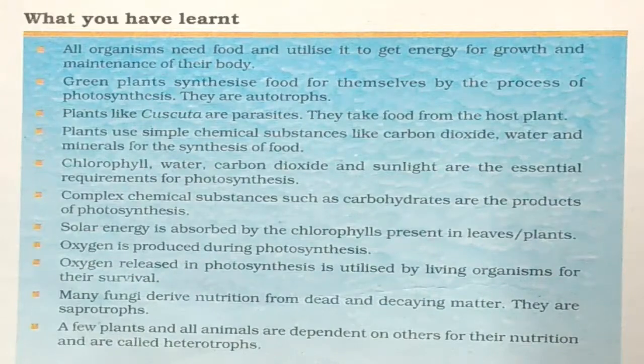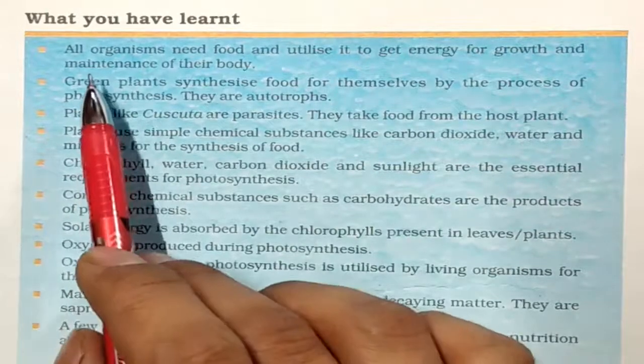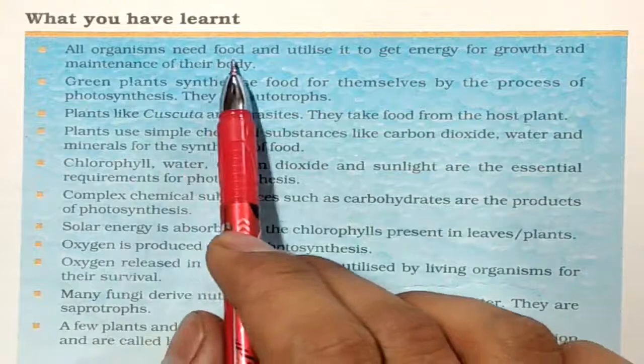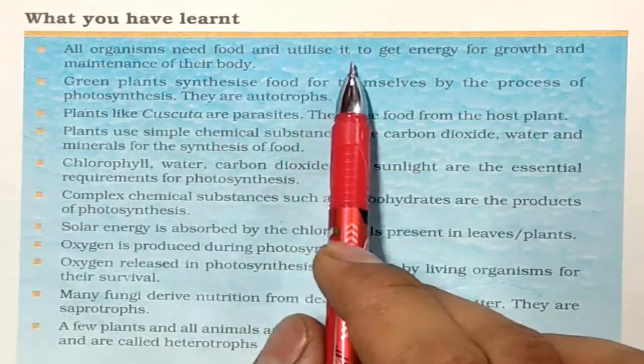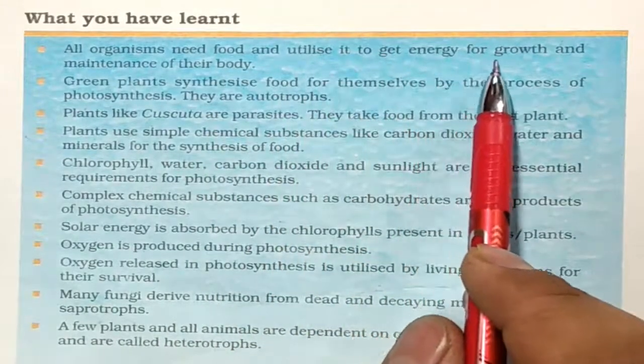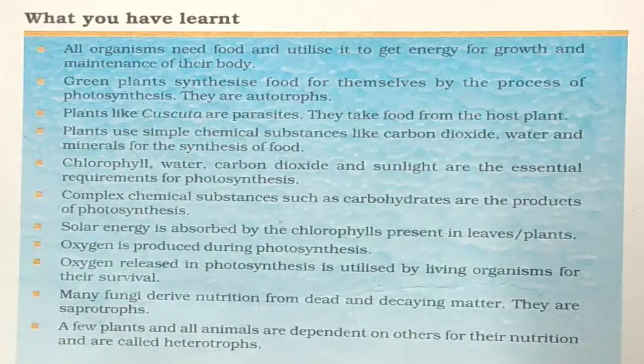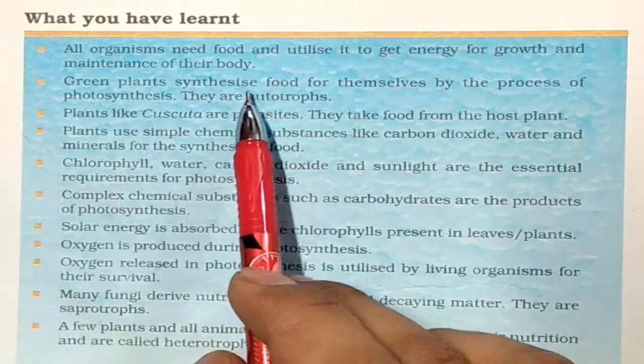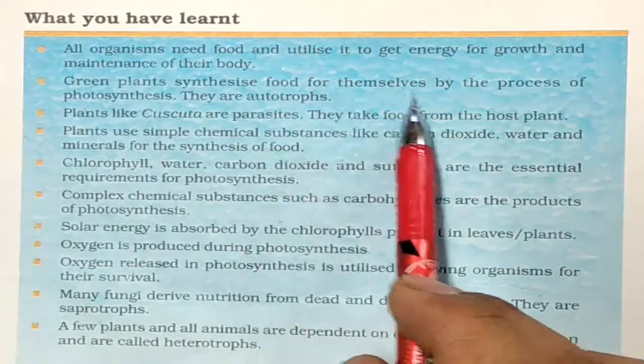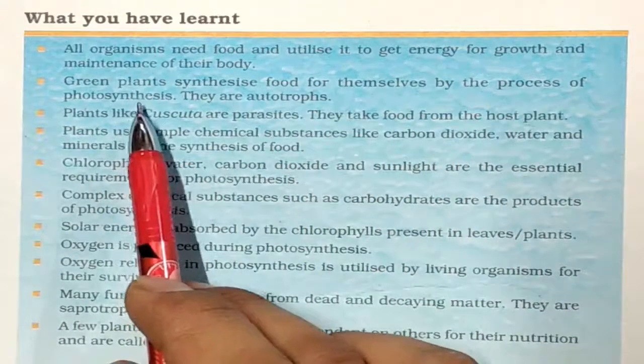Now let's have a quick recall of what we have learned in this chapter. All organisms need food and utilize it to get energy for growth and maintenance of their body. Green plants synthesize food for themselves by the process of photosynthesis.